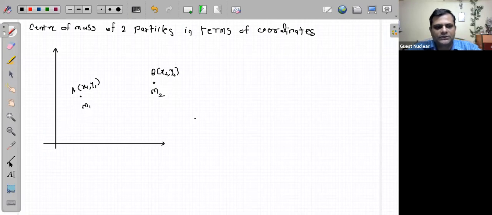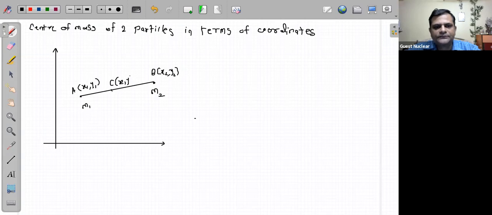Now let us try to draw a line joining these two particles here. तो इन दोनों particles को join करने वाला एक line हम बना लेंगे. ठीक है, so this is the line AB, and we already know that the center of mass of these two particles always divides the line joining these two particles in the inverse ratio of their masses. That means this C is going to be the point on the line AB with the coordinates x and y.